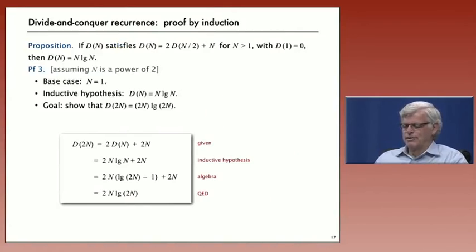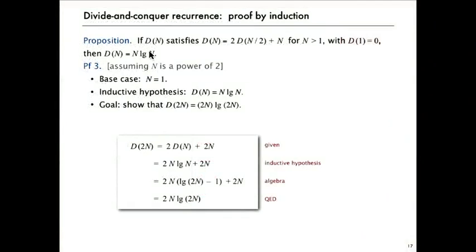Using either one of those techniques, you can just get the idea that d of n is close to n log n, or you can write a program to expand the recurrence and find that. And then once we have the idea that d of n equals n log n, we can plug back into the original formula with the inductive hypothesis that d of n equals n log n.